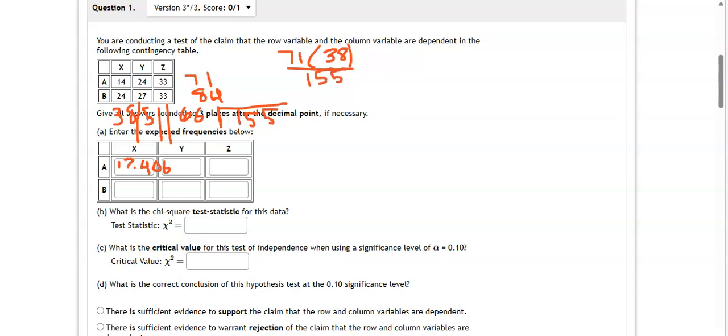All right, now same thing for the next one. The row total that corresponds with the 24 is the 71. And if we look down at the column total, that was 51. So it's 71 times 51 over 155.